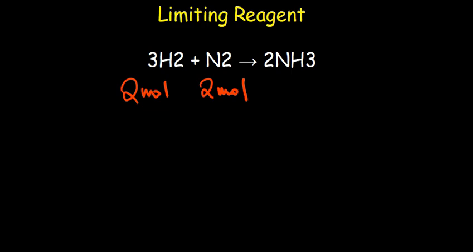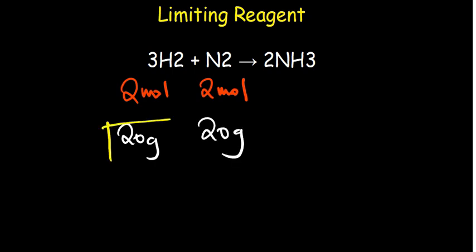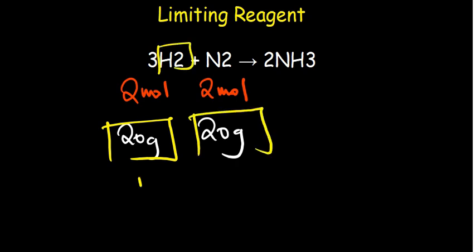In this example, I'm using moles, but in most cases, they are going to give you, let's say, 20 grams of both hydrogen and nitrogen reacting. Now it is up to you to use the 20 grams and get the hydrogen, which is H2, ignore the coefficients, and then find the number of moles of each. And then you try to make a decision from there.